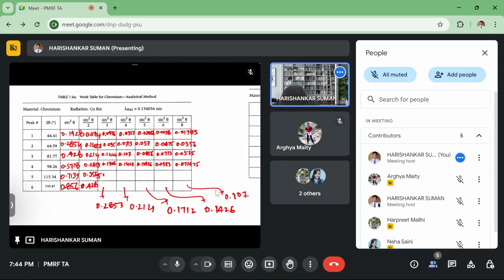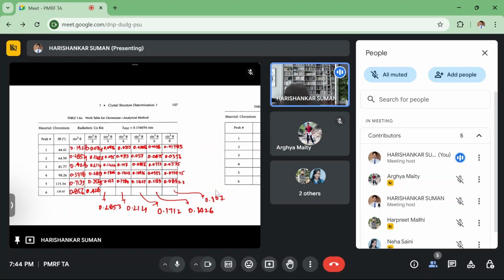This will be 2 3 7, 1 7 2, 1 7, this will be 9 2 3. So these are the numbers.